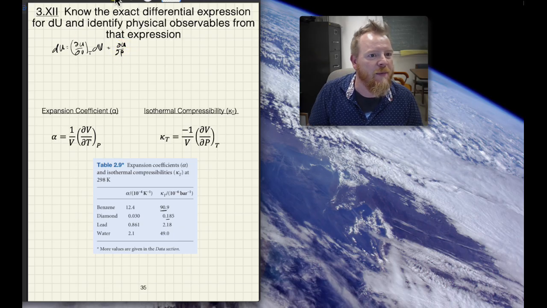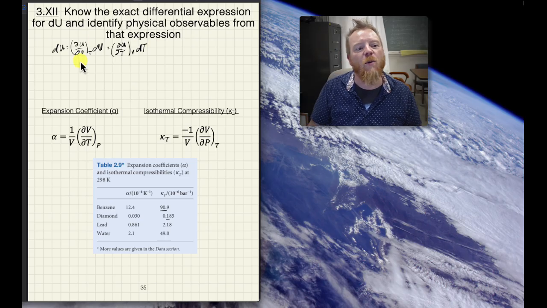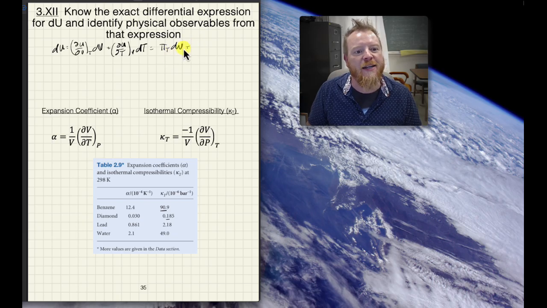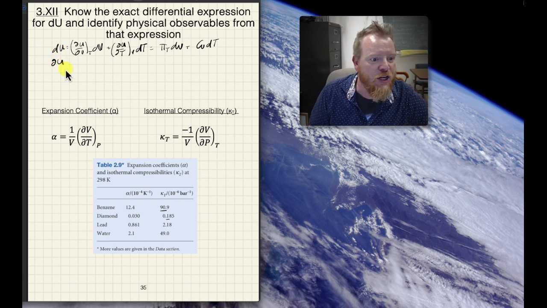I wrote p, but I meant to say t. So now we can write, I'll just get rid of those derivatives really quickly by writing pi t dv plus cv dt.